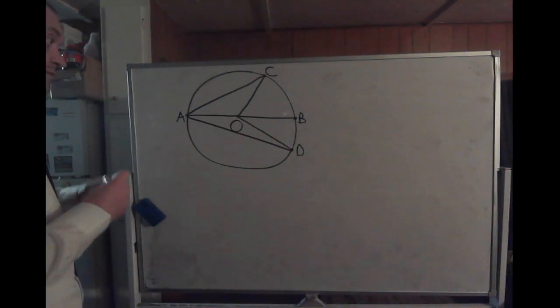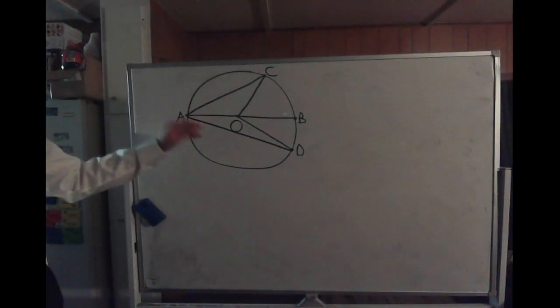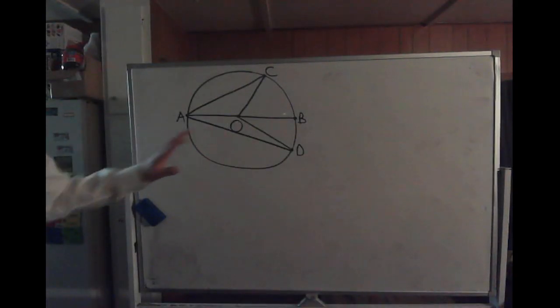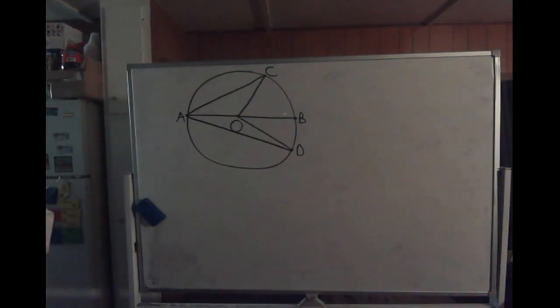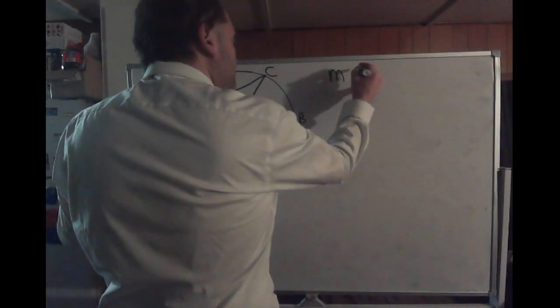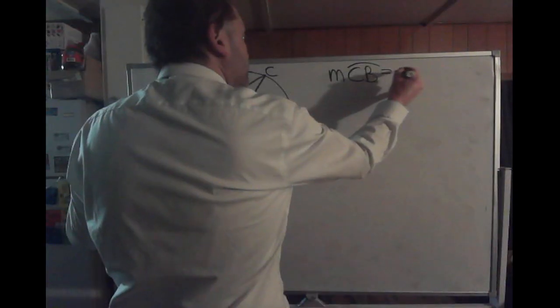So we got a really fun circle. You have a circle with a couple of triangles split up here in each half of the circle. Very interesting. They give you at this time that the measure of minor arc CB is equal to 70 degrees.